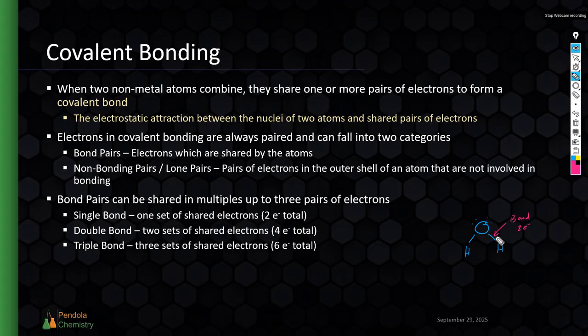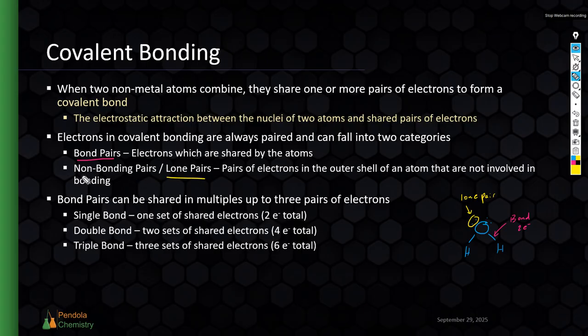These are what we call the bonding or bonded pairs of electrons. Whereas these electrons are not bonding, they're not between atoms, they simply belong to the oxygen. These are what we call lone pairs of electrons. They're electrons that are paired up but not between atoms, they just belong to one individual atom.